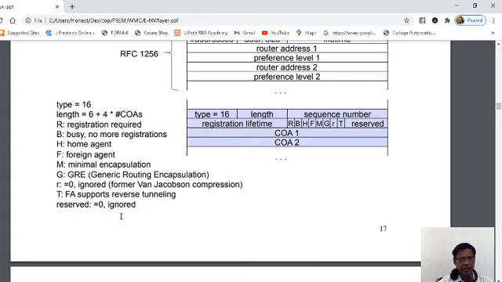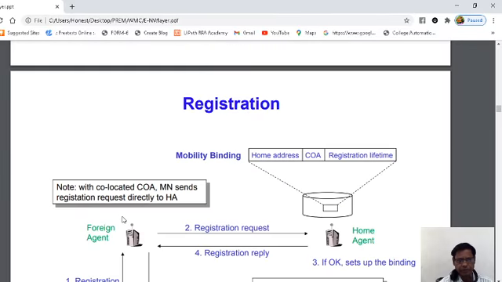R is ignored, formerly Van Jacobson compression, and whether it is 0 or 1. T is for reverse tunneling: the agent supports reverse tunneling. If reserved is equal to 0, it is ignored.